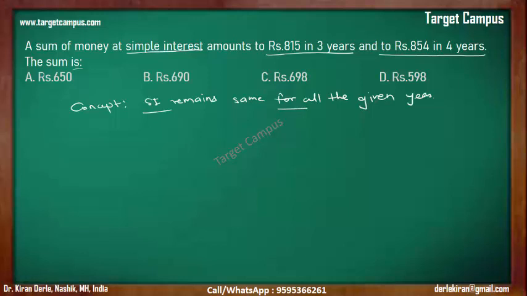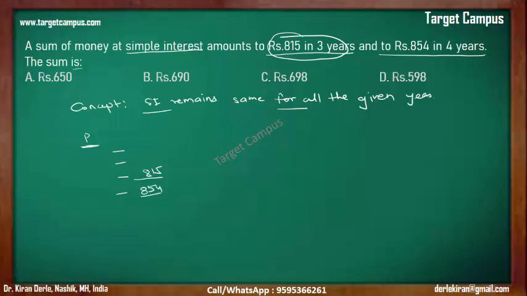Now what is given? A sum of money at simple interest amounts to rupees 815 in 3 years. So there was some principal which got first year, second year, third year interest, and amounts to rupees 815. And in 4 years, that means after one more year, it has got up to 854.